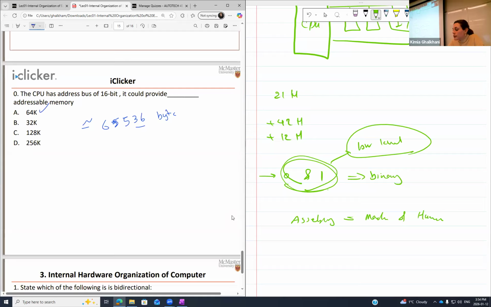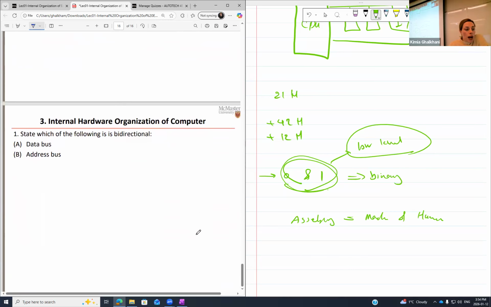Next, state which of these is bidirectional. We had it even in the previous one: data bus or address bus. Remember, I just showed you the structure. I said one of these buses is in charge of communicating directionally or bidirectionally. What does it mean?